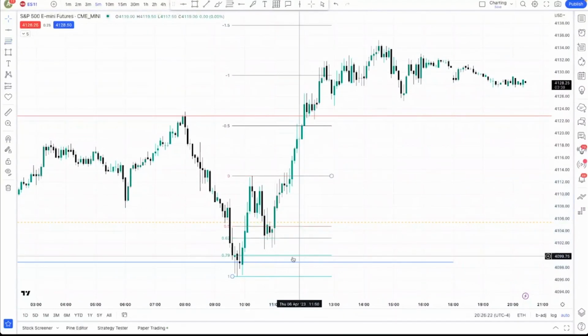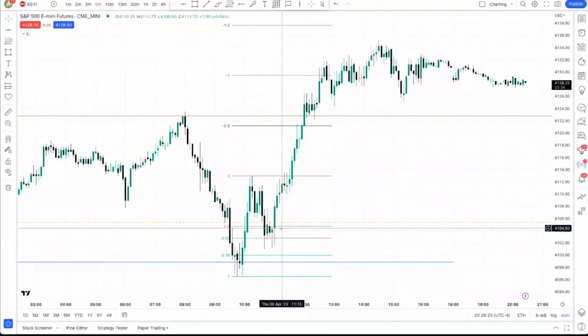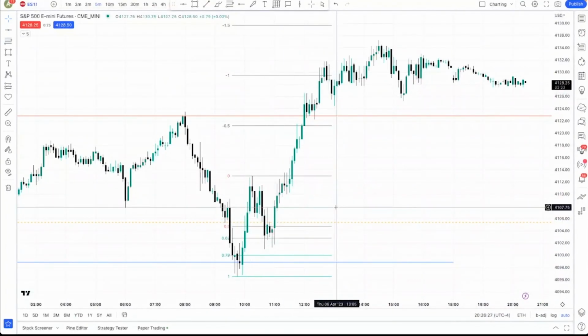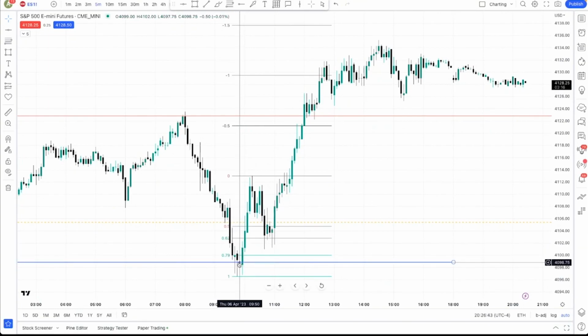You put your fib projection, and it's coming right down here into optimal trade entry. You have a fair value gap right there, and you could say, even though this gives you a small wick, here's your order block because here's your candle body and price runs up above it, so you want to see price come back down.